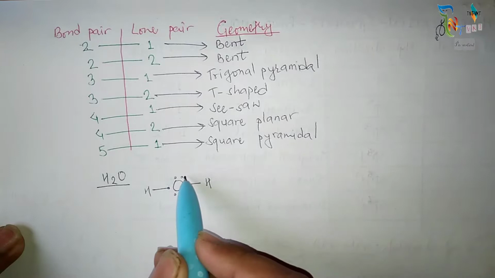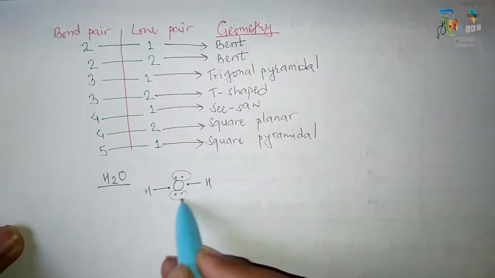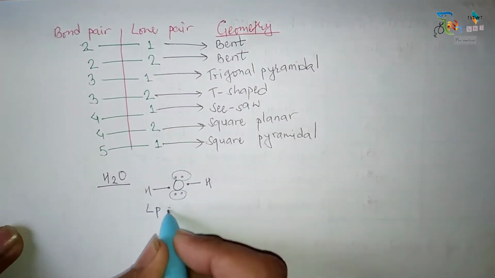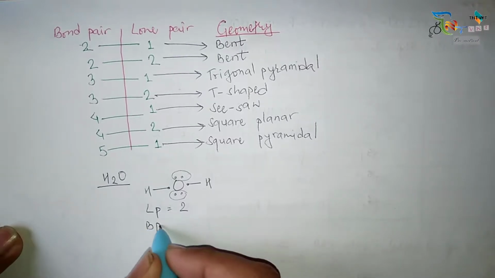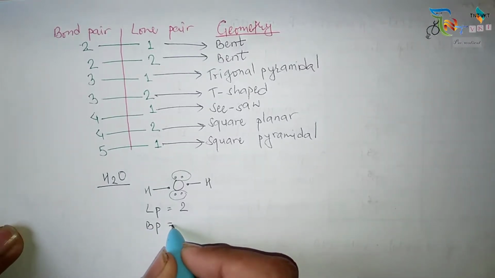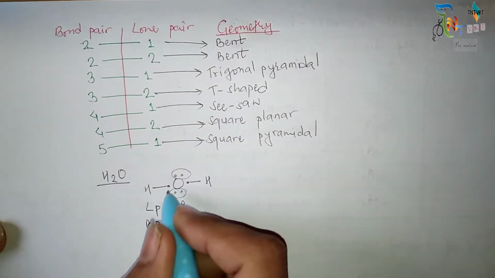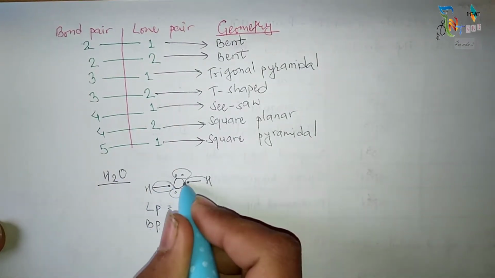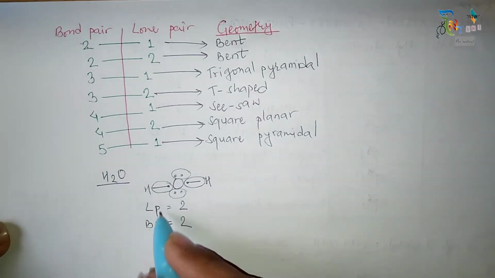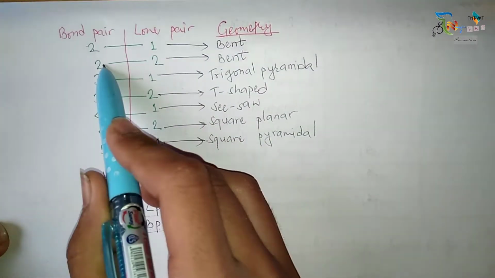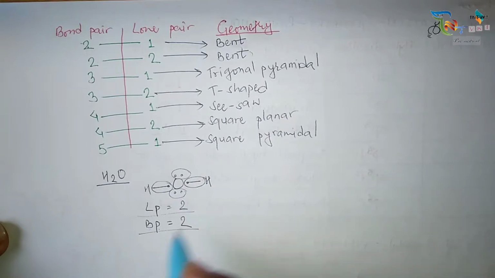So the number of lone pairs is 2. Lone pair equals 2, bond pair equals 2, because there is one bond pair here and another bond pair here. So with lone pair 2 and bond pair 2, the geometry will be bent.